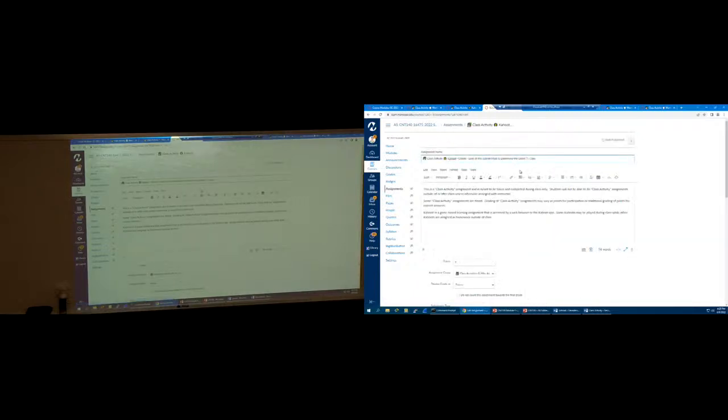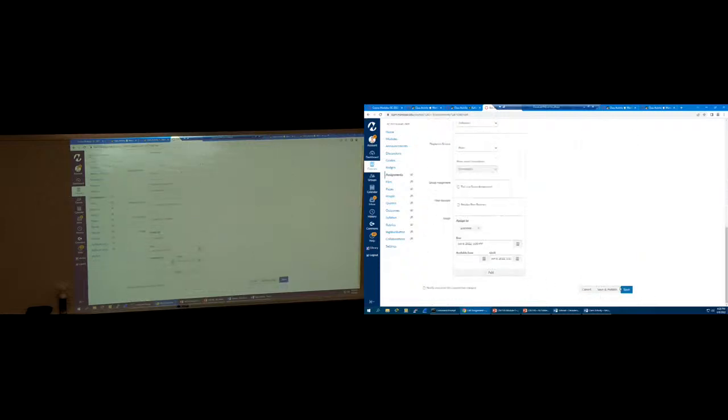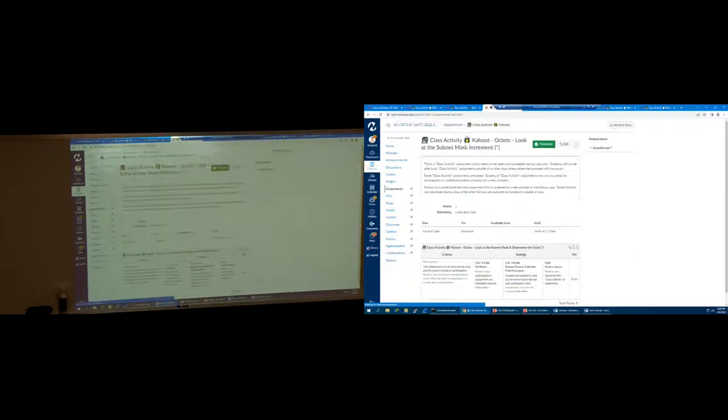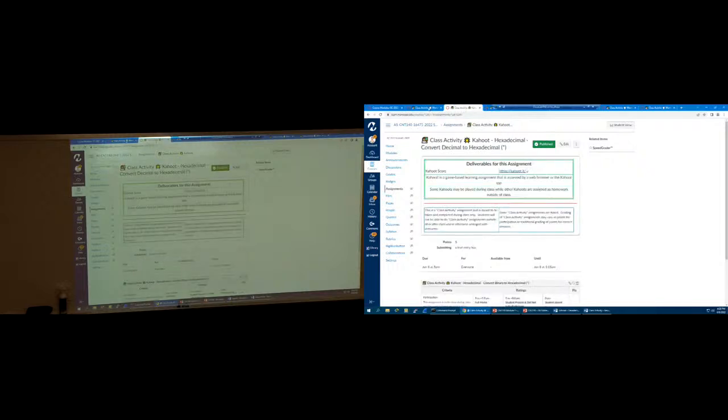We just did the subnet increment. Just put in the number you got right, or close to it if you weren't counting or if it didn't tell you.